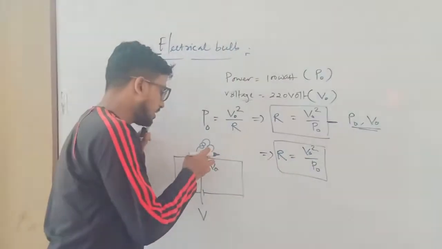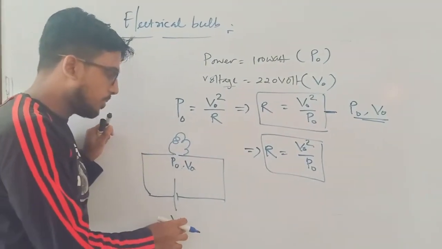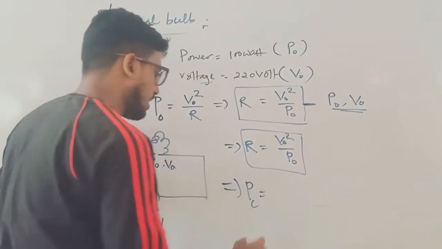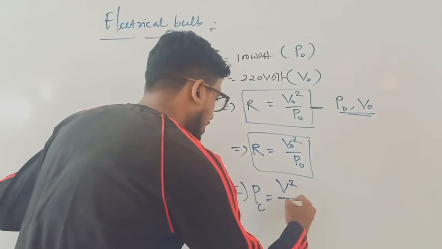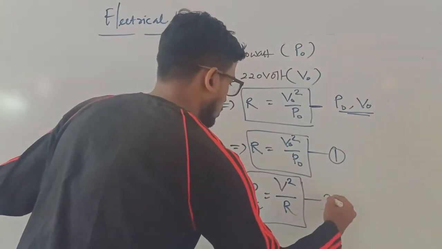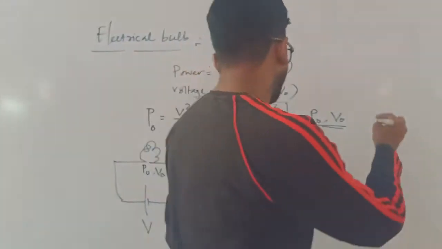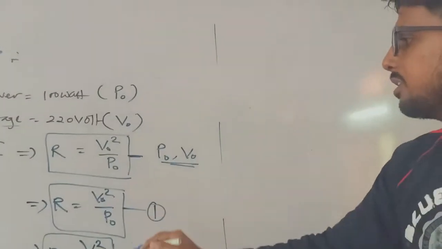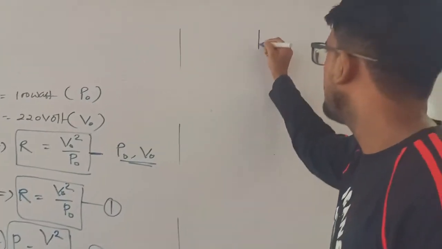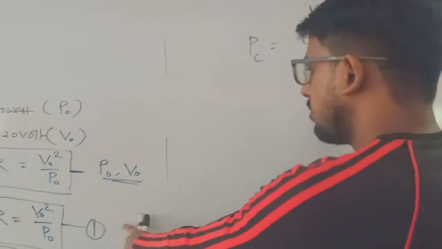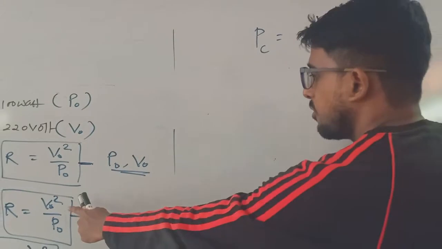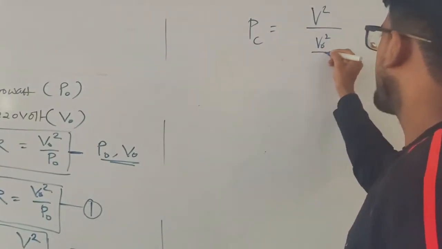But when we connect this bulb in a potential difference of V, what will be the power consumption? The power consumption can be calculated as V square by R. Let this be equation 1, and the resistance expression be equation 2. Using equations 1 and 2, the power consumption when the bulb is connected across a potential difference V is V square divided by R, putting R equal to V naught square by P naught.